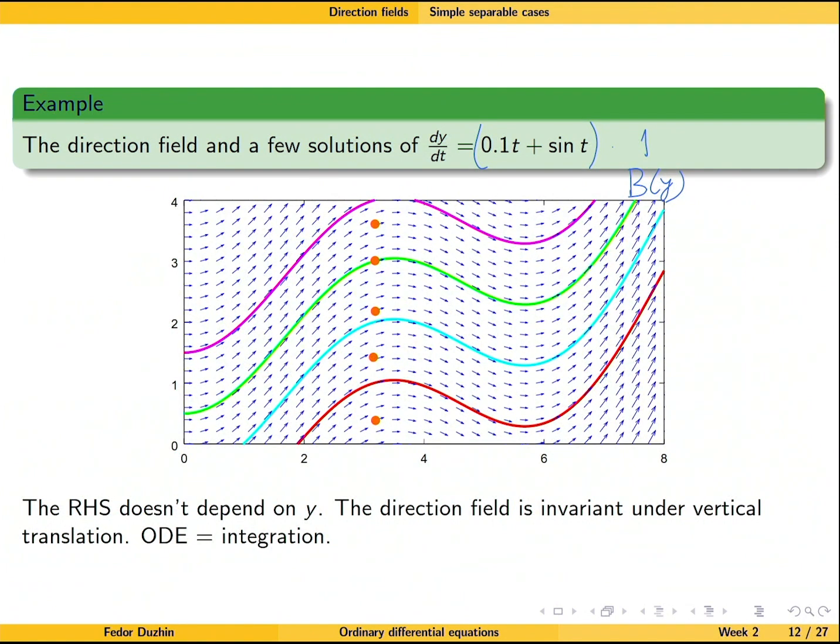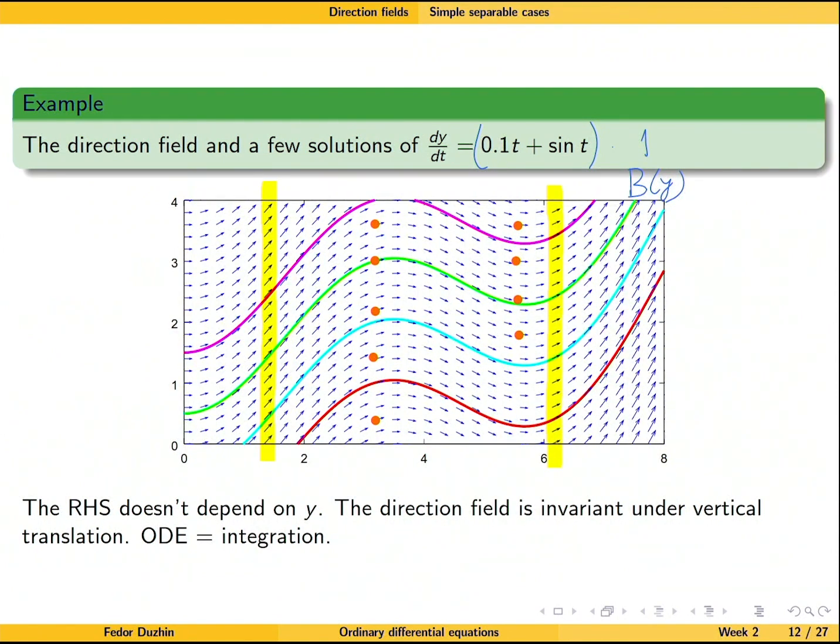If you see that these arrows are arranged in rows and columns, then all the arrows in the same column are exactly equal. So like here, here, here, and so on. So the whole vertical column of arrows, all arrows in each column are exactly the same.